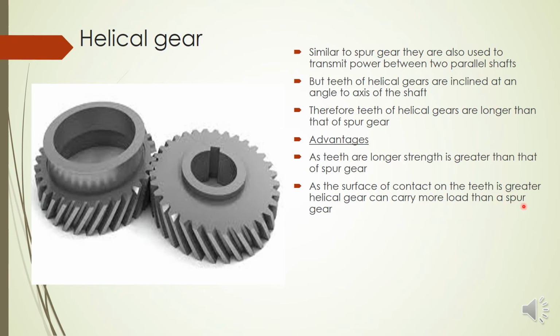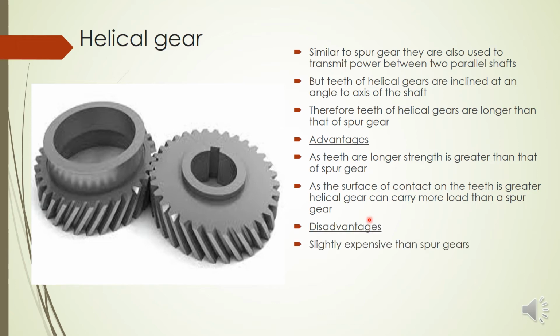That means it can carry more load than a spur gear. That is the main advantage of this helical gear. Since its teeth are inclined, they have more length, so it can have more strength, and the area of contact between two gears is more. So it can have more load carrying capacity.